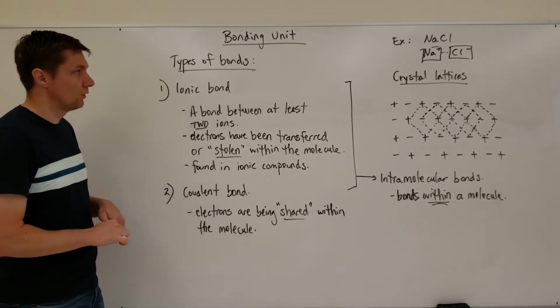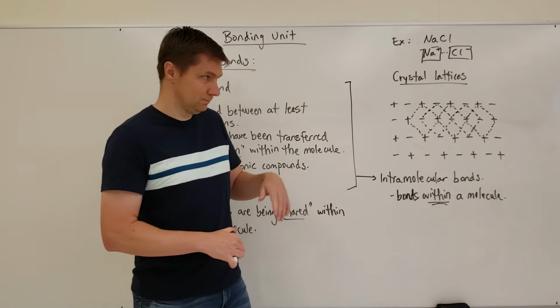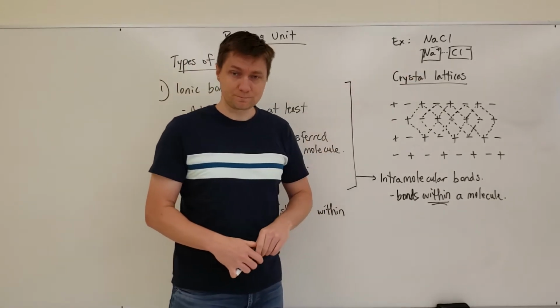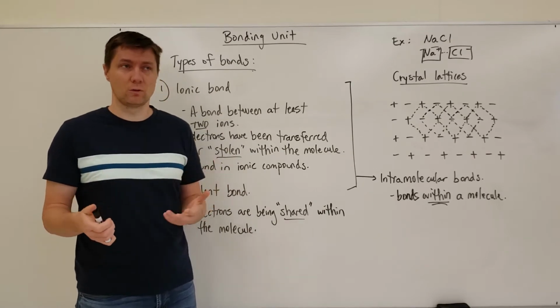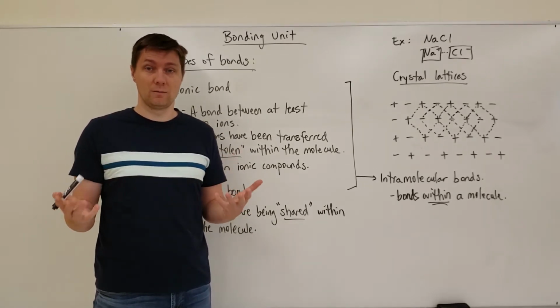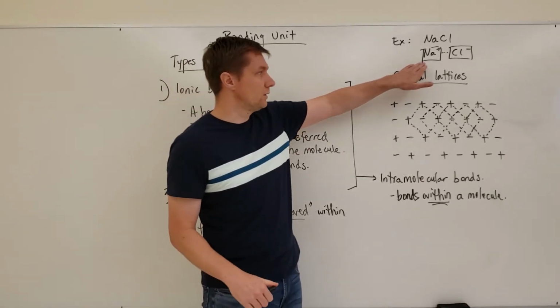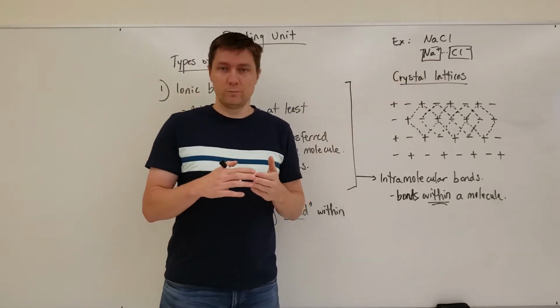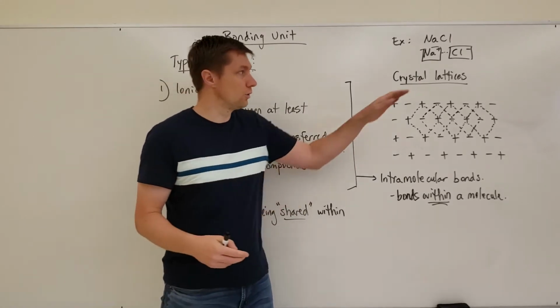And the example that I like to give with this is the really basic example of sodium chloride. We know that sodium chloride is an ionic compound, and we know that sodium chloride is ionic because it's made from ions. But the way that those ions come to be is that the sodium ion gives its electron, or an electron, to the chloride ion.